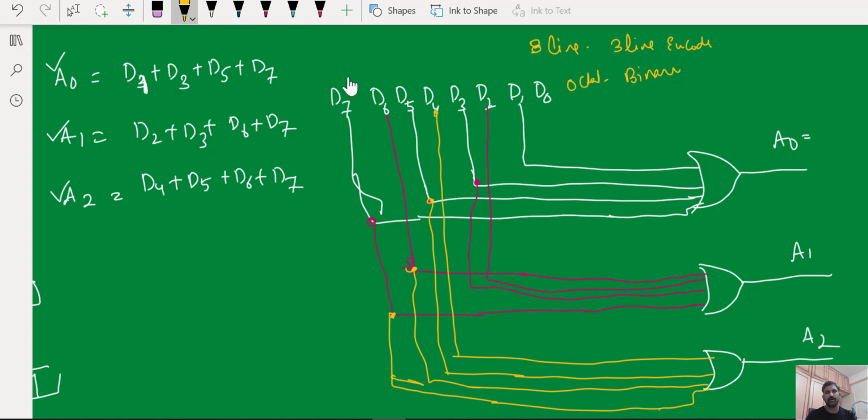That means the moment you give an octal number between 0 and 7, it is going to produce a binary equivalent of your octal number. So this entire thing will be in the box now.